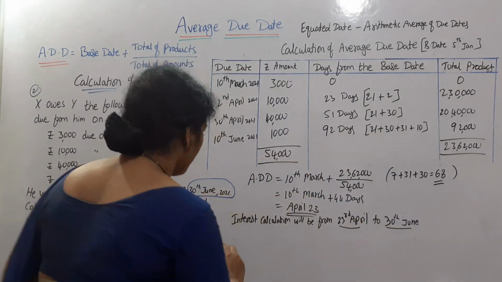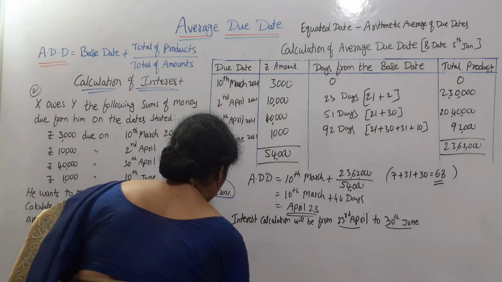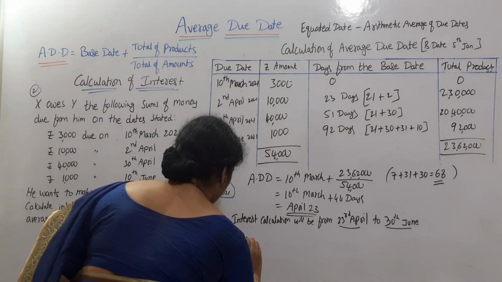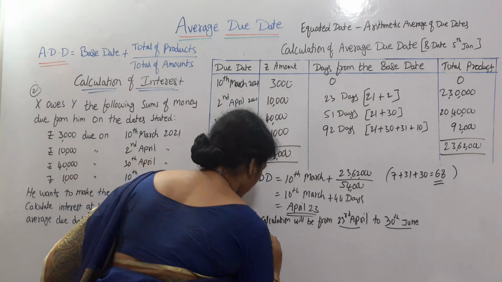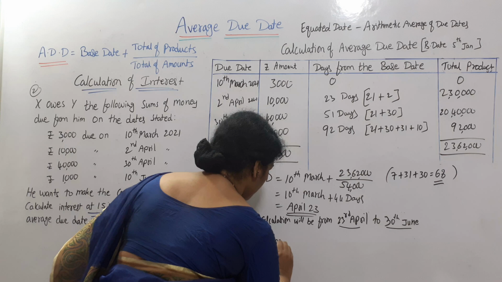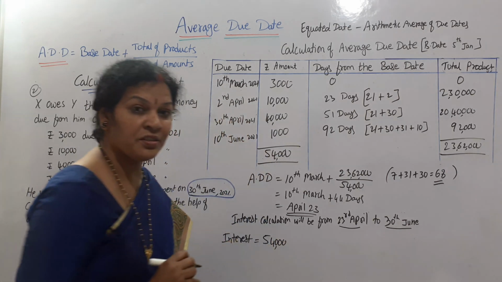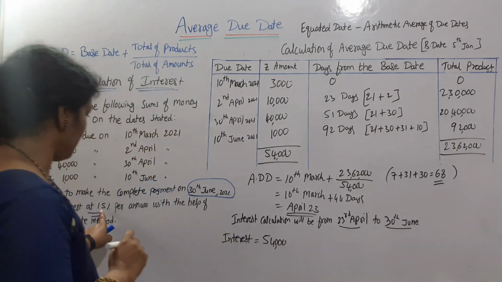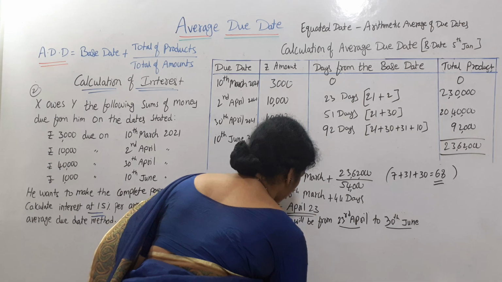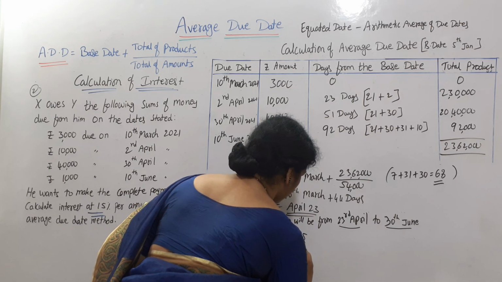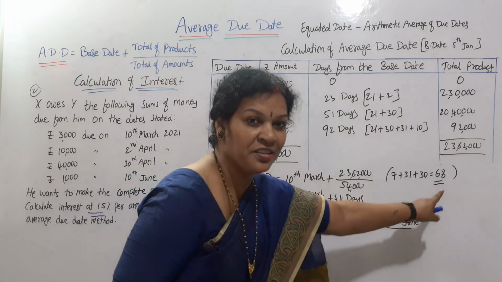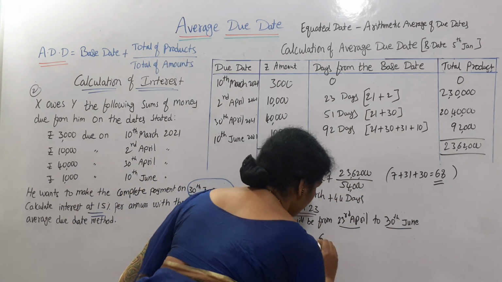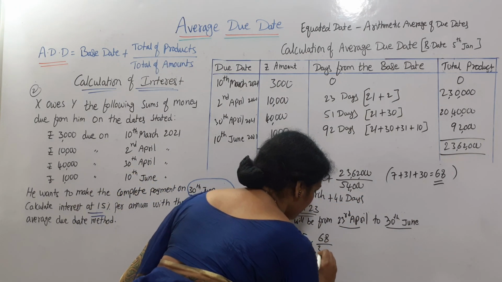Interest is equal to total amount, which is 54,000, into the interest rate, 15%, which is given here, and 68 days out of 365 days.